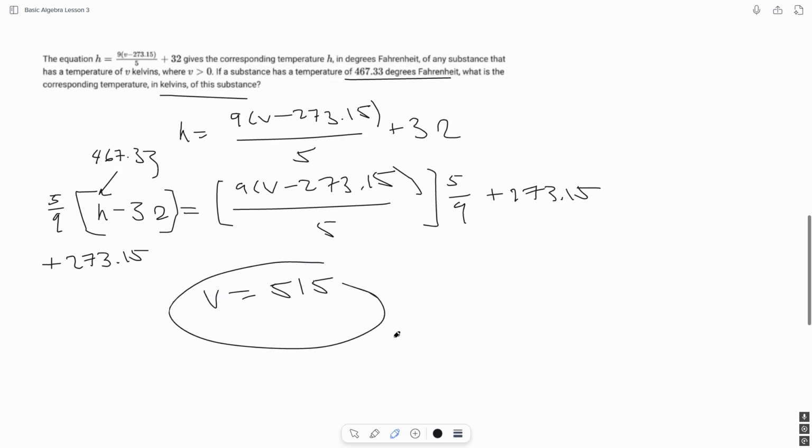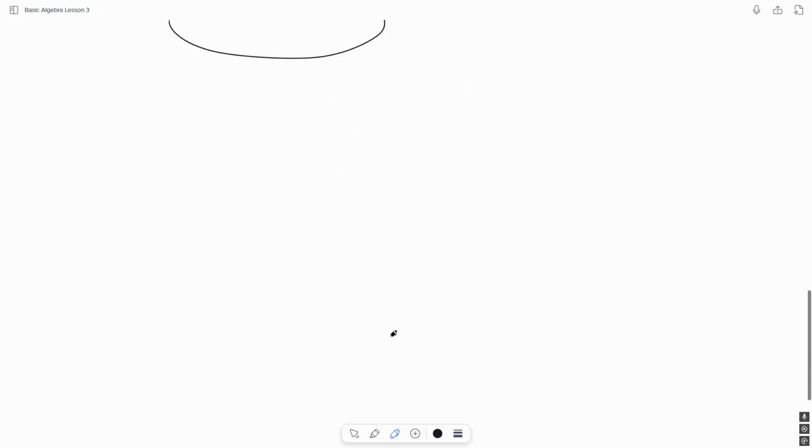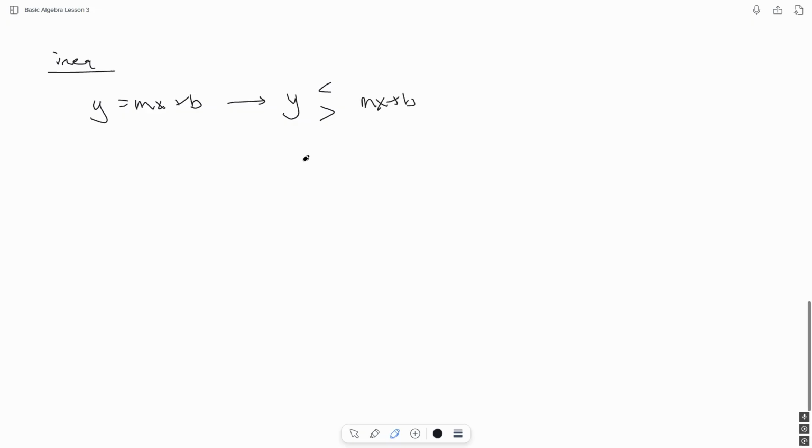And if there's no more questions for that, I'll go briefly into inequalities right here. So for inequalities, let's say instead of y equals mx plus b, you're going to have something instead that's y is greater than or less than mx plus b.